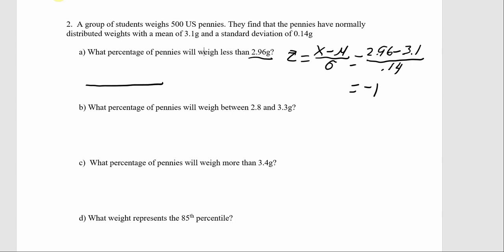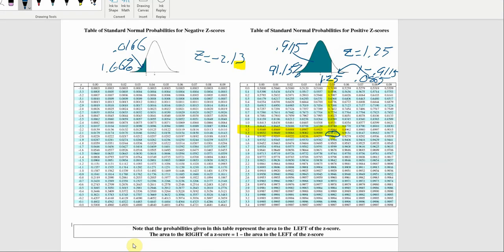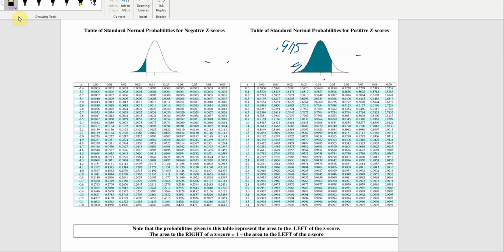Please, you must draw the picture for every one of these problems. Draw your standard normal curve. Place your z-score on the standard normal curve and shade the area that you're looking for. Okay, so I got a z-score of -1. So now I got to go back to my chart and find a z-score of -1. Let's get rid of all this mess. Okay, so again, we're on the negative side, so we're going to be less than 50%.